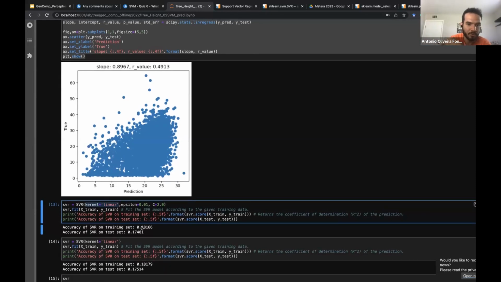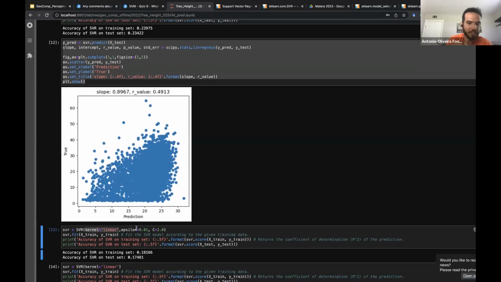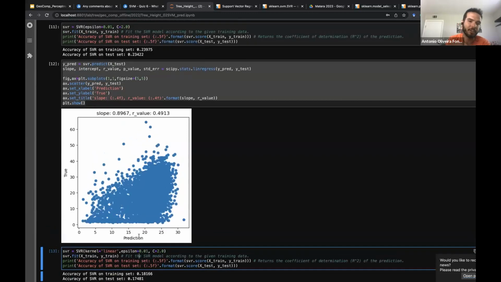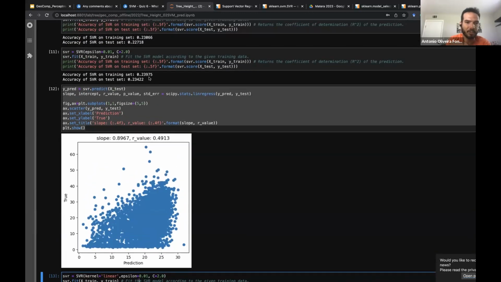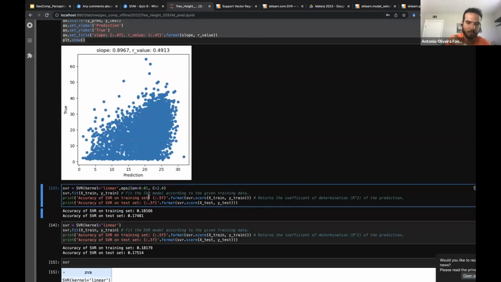And you see that the performance dropped quite a lot, right? I don't remember who was asking me how you estimate if it's a quadratic, a nonlinear problem versus a linear problem. Now we can see clearly that estimating the tree height seems to be a nonlinear problem, because in fact, using the quadratic kernel, which is nonlinear, we have better performance than using the linear kernel, and by quite a bit, right?